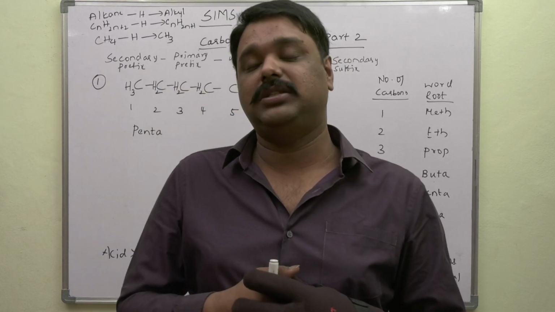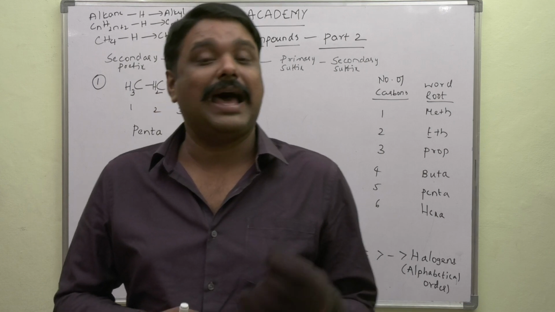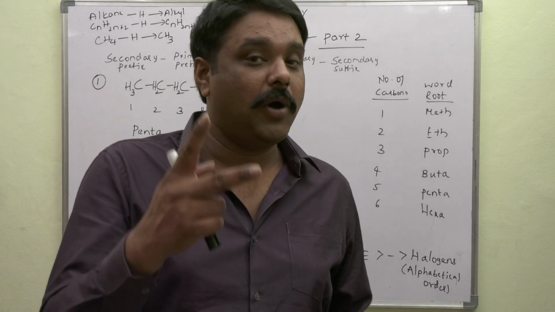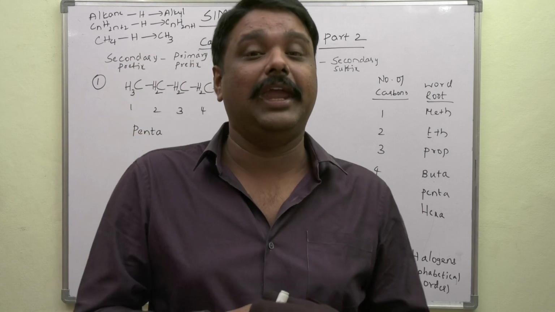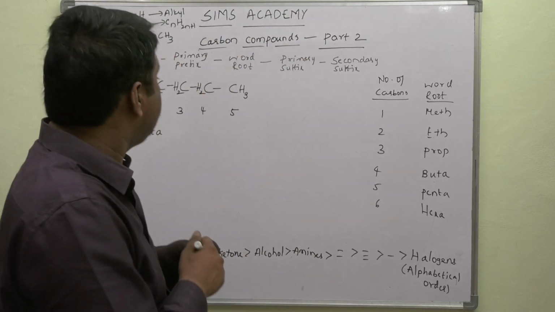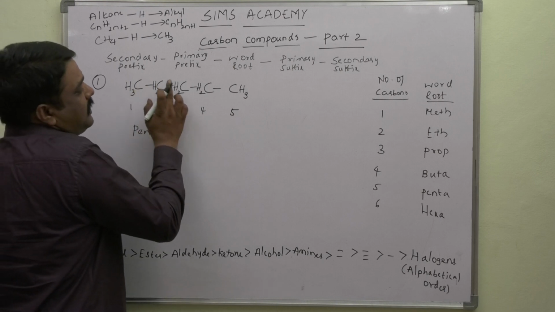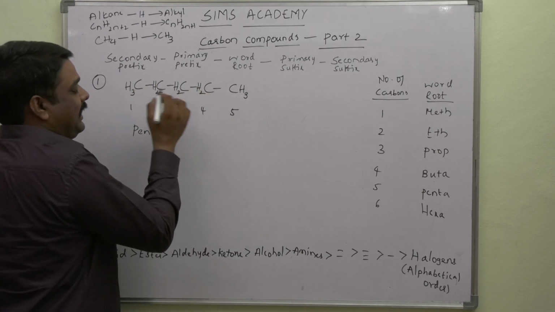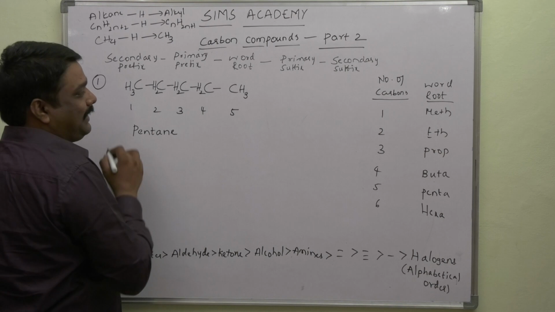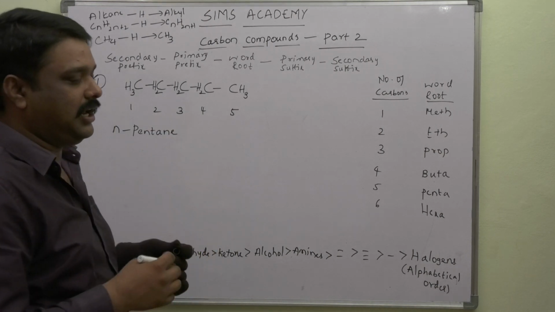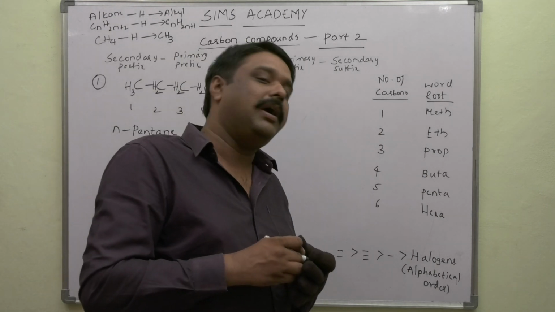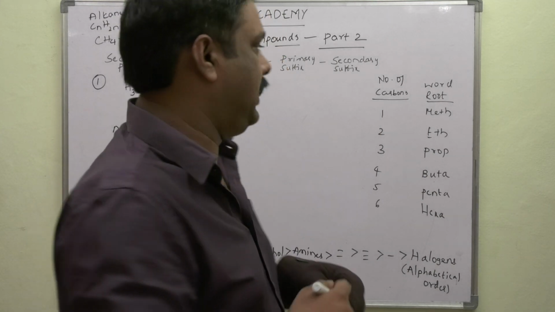If one triple bond is present, we mention it as alkyne. Double bond, alkene, ene. Triple bond, alkyne, yne. Okay? Here, it consists of all single bonds, hence it comes under pentane. Generally we say N-pentane, which is nothing but normal pentane.